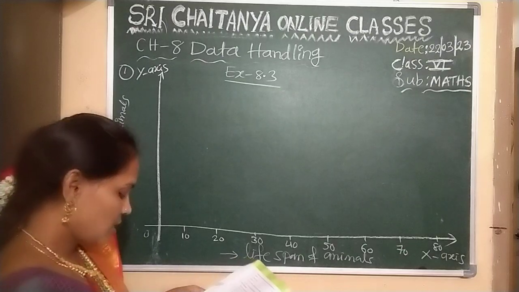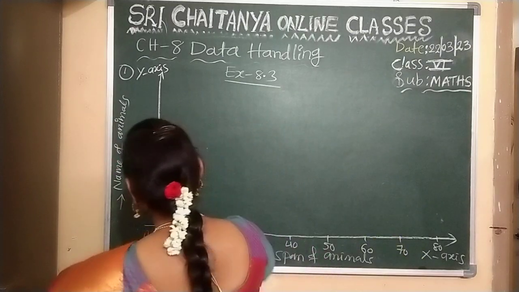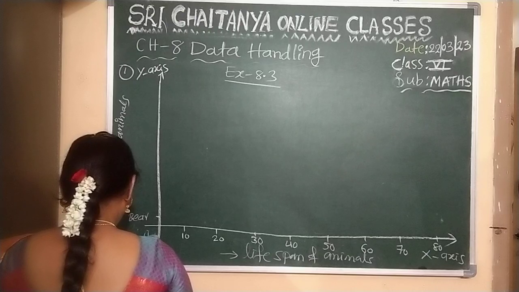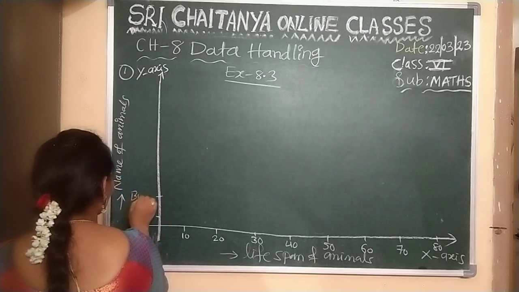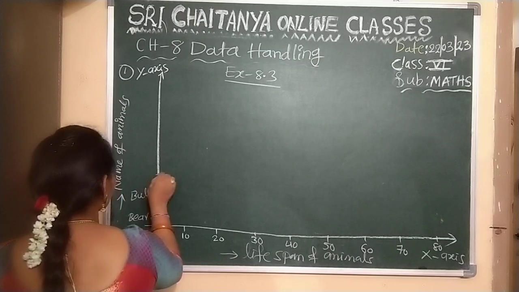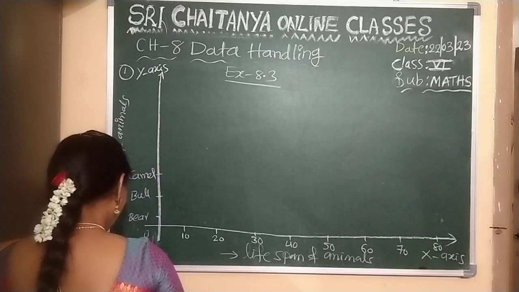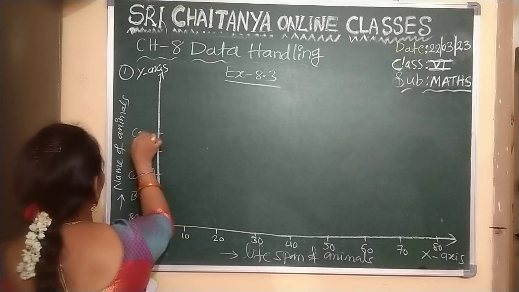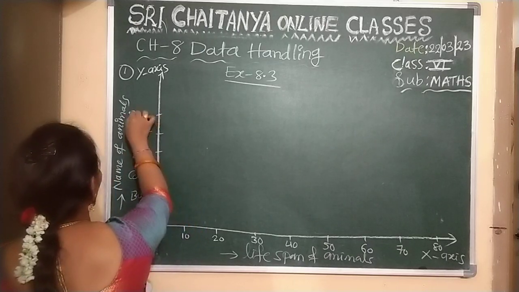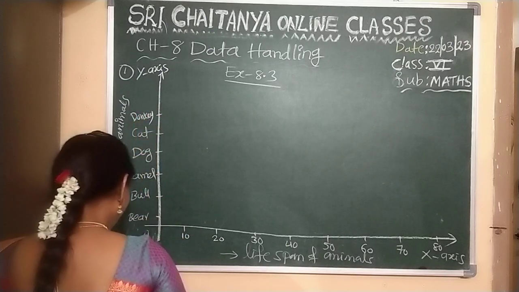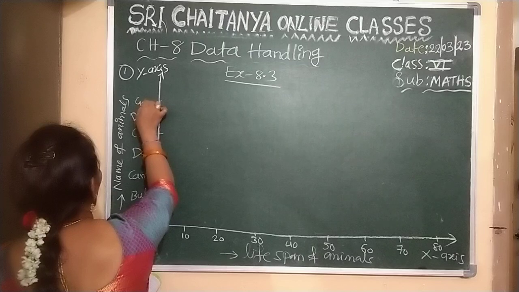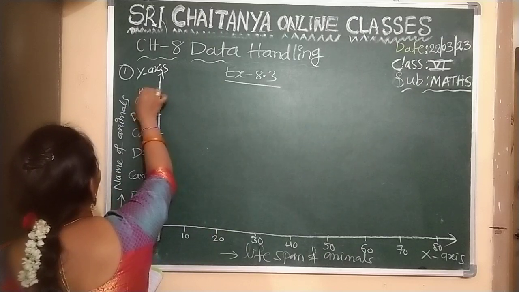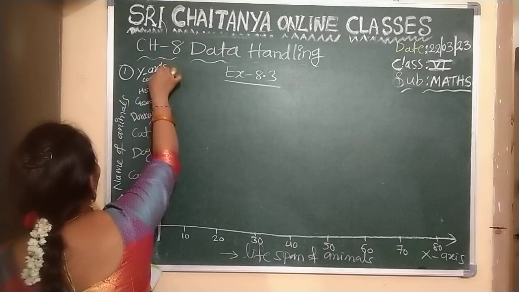Next, name of the animals. Actually we have bear, bull, camel, dog, cat, donkey, goat, horse, cow, and last is elephant.